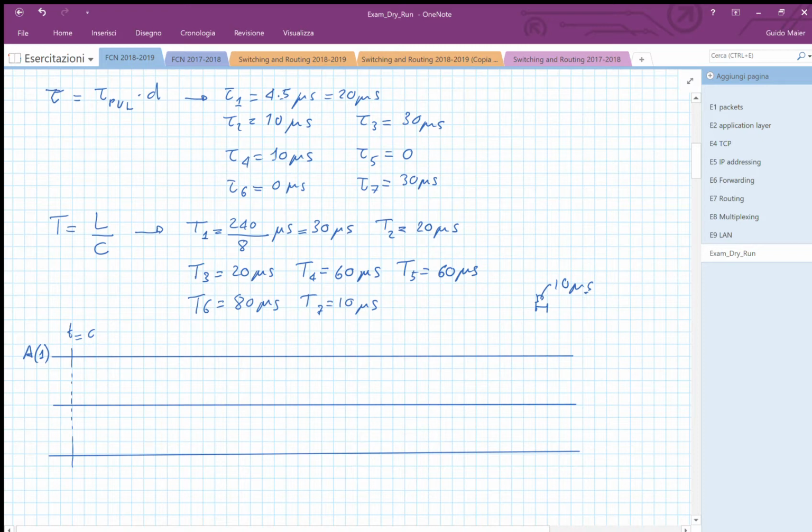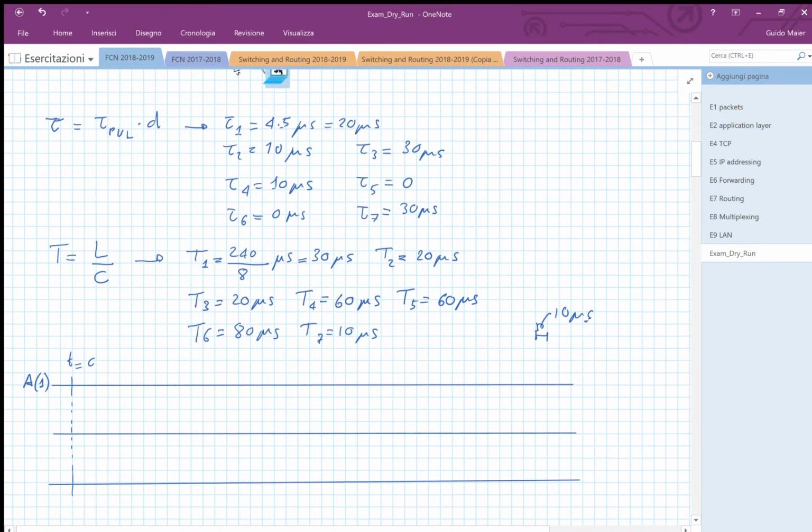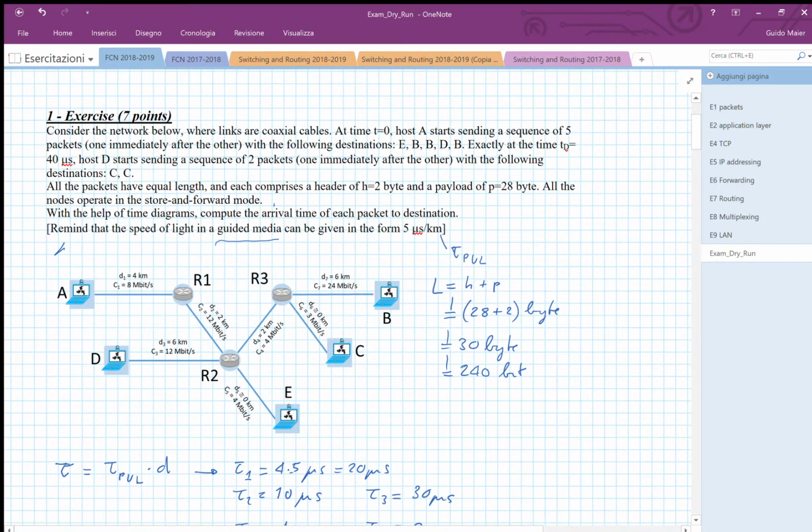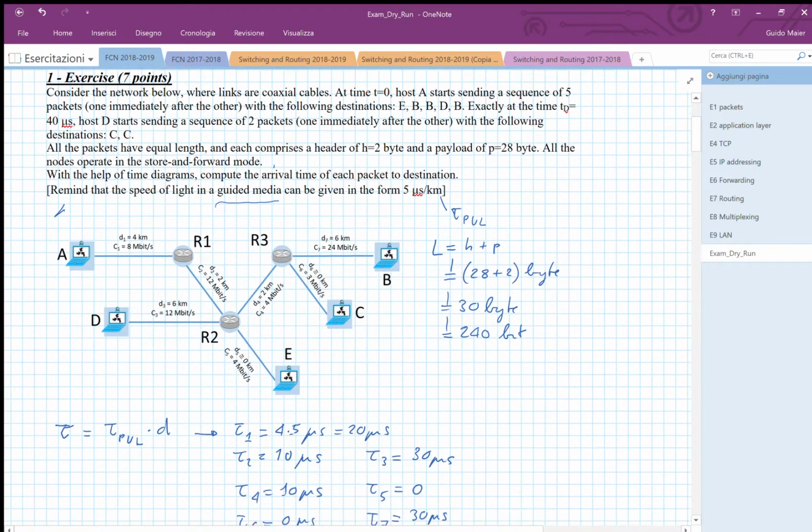Now the packets that are generated in A are the first ones to be generated, because they are generated starting from time t equal to 0. And so we can immediately represent them, and the sequence of packets E, B, B, D, and B are generated one after the other.